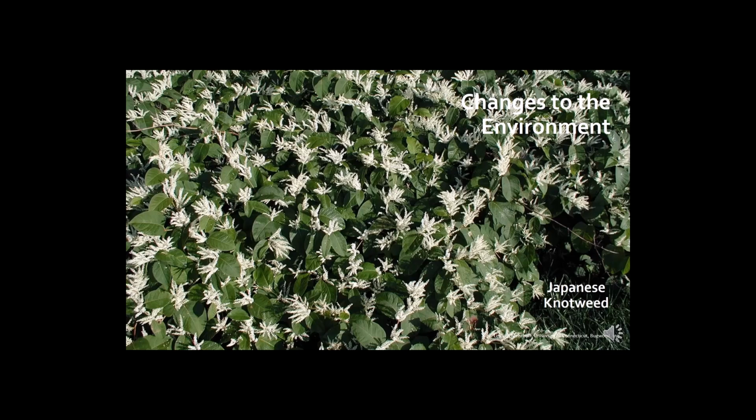Japanese knotweed does very well in riparian areas along stream banks and rivers. And of course, if you have soil erosion along waterways, that contributes to water quality issues. So in addition to causing abrupt and long-standing changes in the plant community, Japanese knotweed also contributes to these cascading environmental issues like soil erosion, which leads to water quality issues.